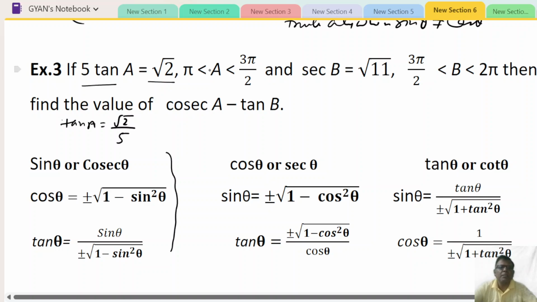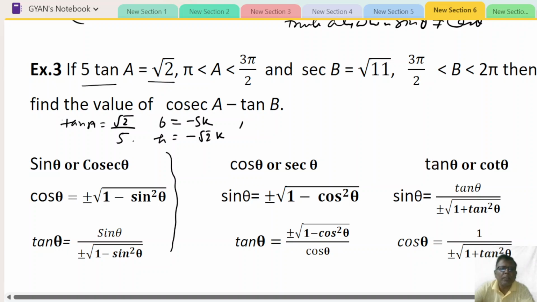And A is lying in which quadrant? Third quadrant. So third quadrant is tan positive, but third quadrant B is negative. So B is negative. We can write minus 5k, and H we can write minus root 2k.